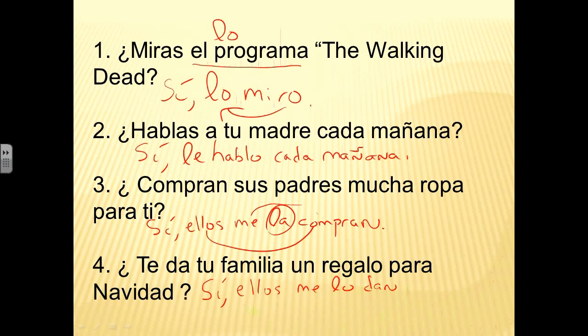You could also say sí me lo da if you're talking still about the family. So does your family give you a gift for Christmas? The first one is yes, they give me it. Or you could just say yes, and you're talking about my family. My family gives it to me, is a different way of saying it.